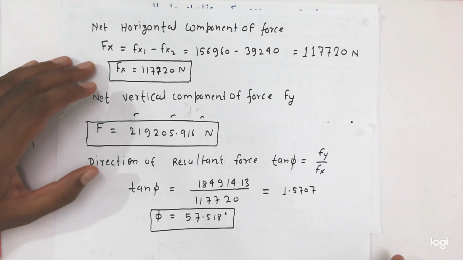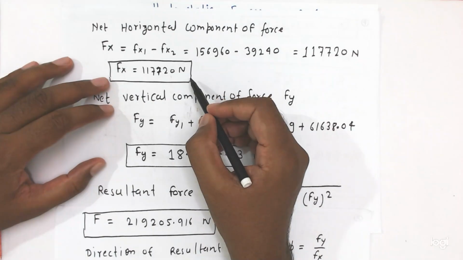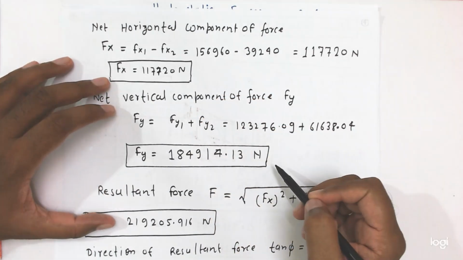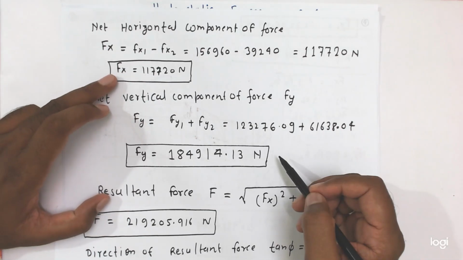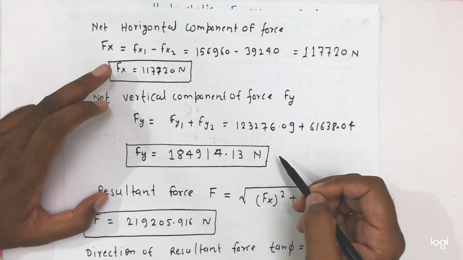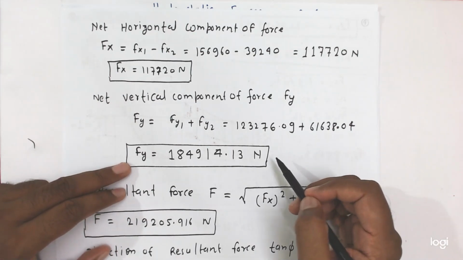So when we are finding the location, because here two forces are there, the net component of horizontal force and the net component of vertical force, we will find the location of where the net component of force is working in the horizontal direction and where the net component of force is working in the vertical direction.